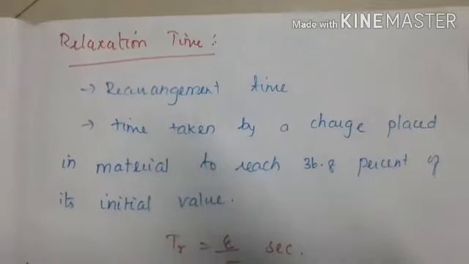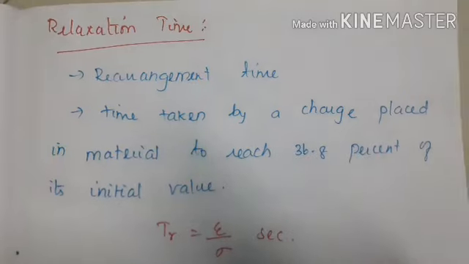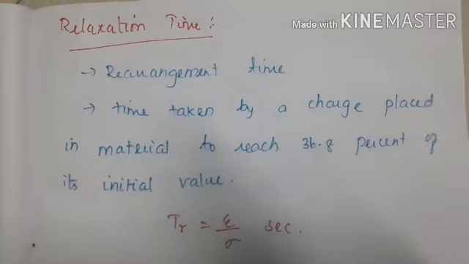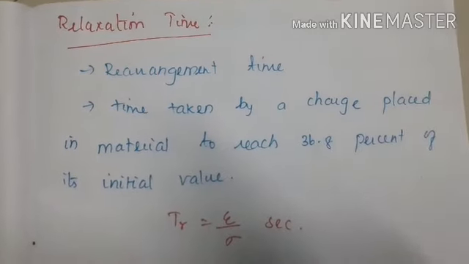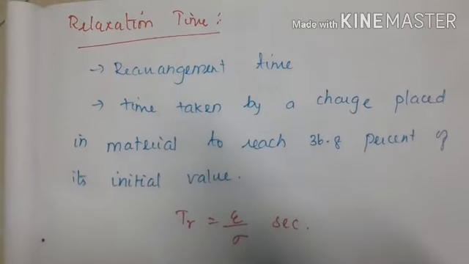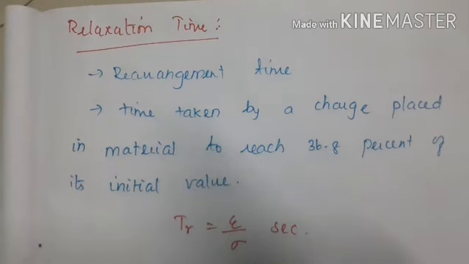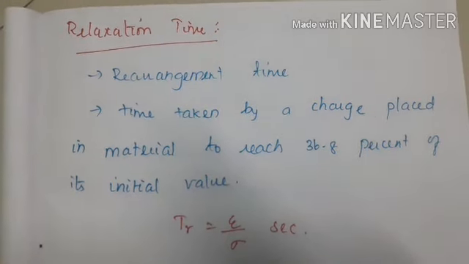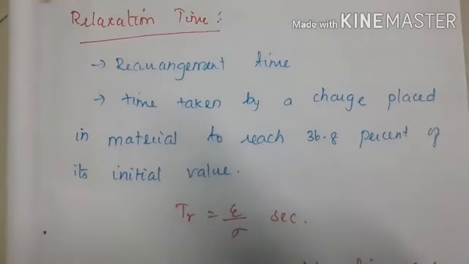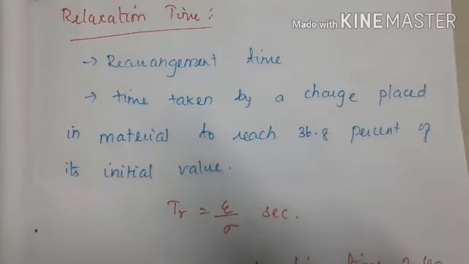Relaxation time. The next topic is relaxation time, or we can say rearrangement time. It is the time taken by the charge placed in a material to reach 36.8% of its initial value. It is represented by the symbol TR, which is equal to epsilon by sigma.